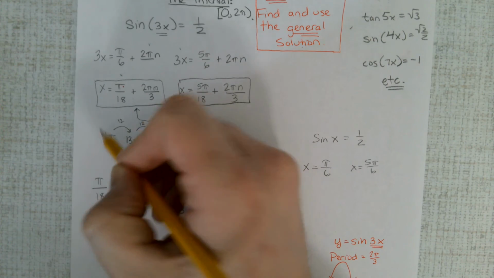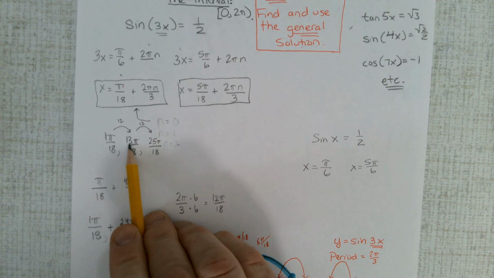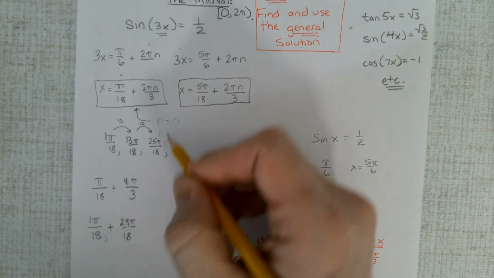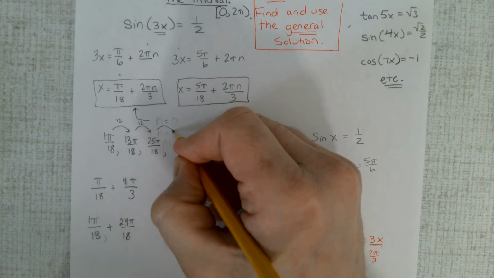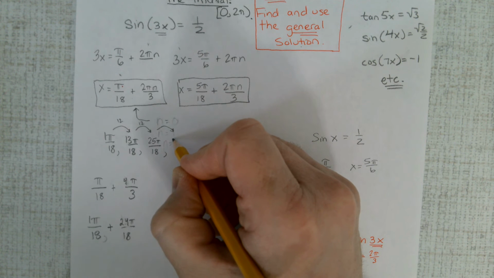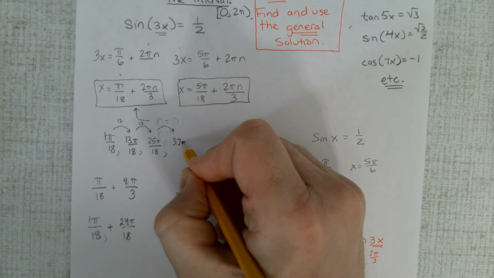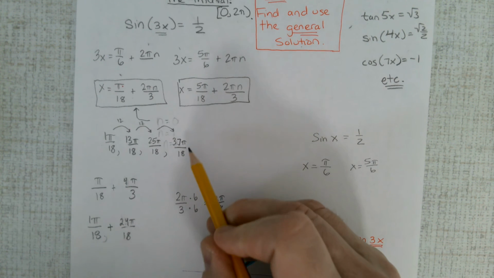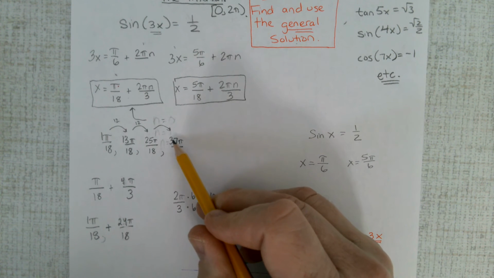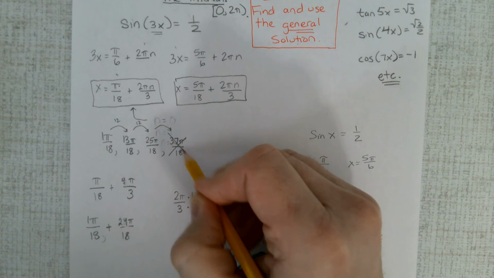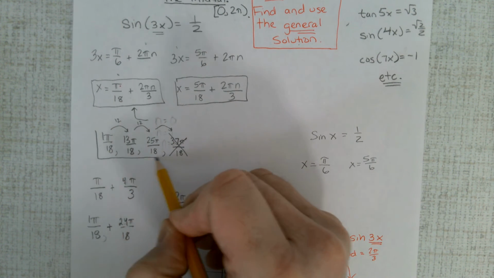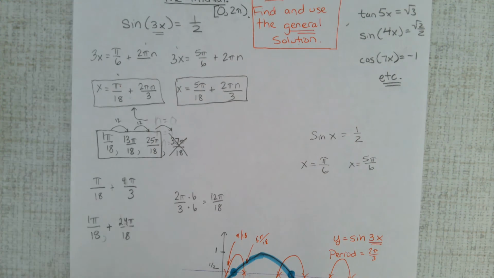I'm at 1 plus 12 plus 12, and what is the next one? 12 more would put me up to 37 pi over 18. But 18 goes in there more than twice, so that's not a solution. So these are 3 of my solutions.